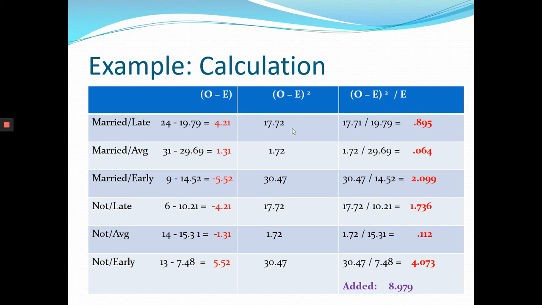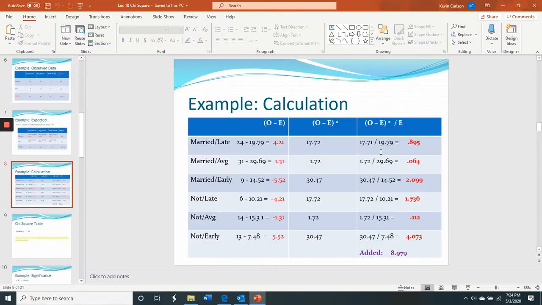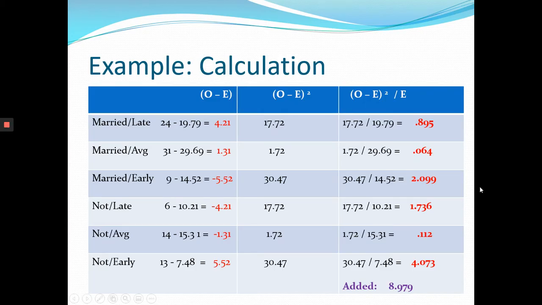I see I have something on here. I'm going to correct this. Again, there might be some rounding errors, and that's okay. In the example I run later, I actually round everything to the second decimal place. This one's a little bit more third. That's okay. Either one is fine. So we take the 17.72, which was 4.21 times 4.21.